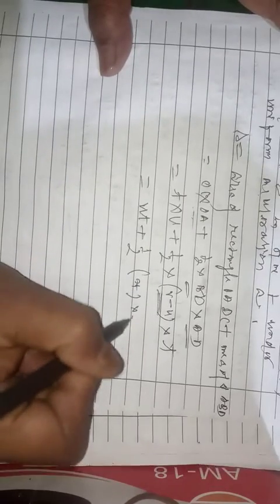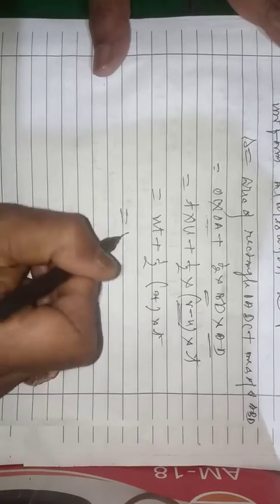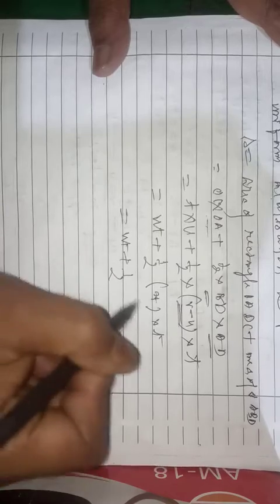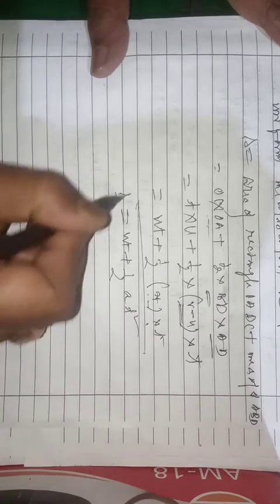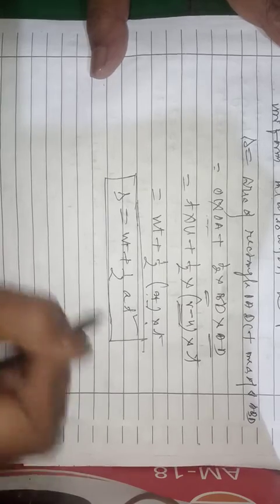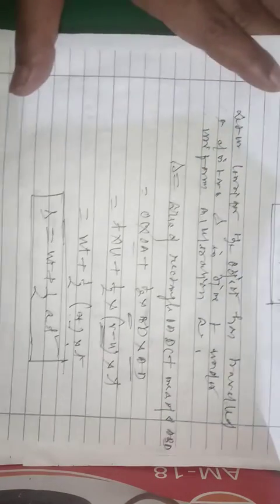So we can write V minus U equal to AT. AT into T. So we can write UT plus half AT into T, that is, half AT square. This is the second formula. This is S equal to UT plus half AT square. This is the kinematics second formula.